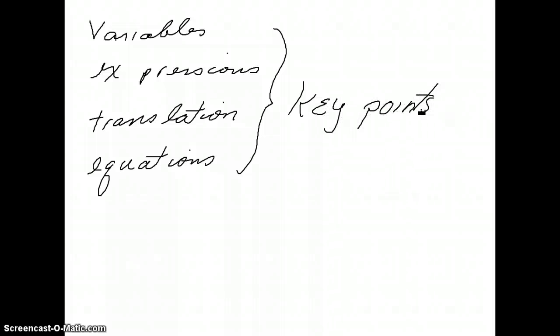These are the key points of section 1.1. It's important that you read the book before watching these videos. I'm only going to cover very briefly the key points in the sections.